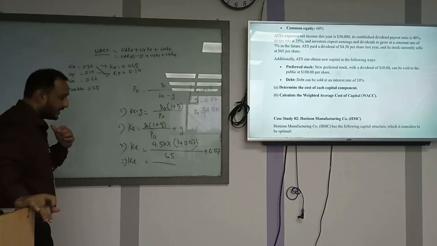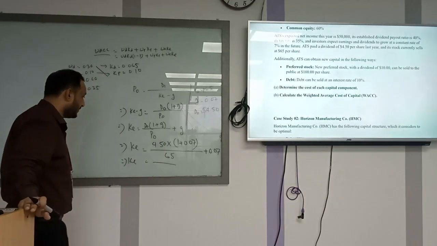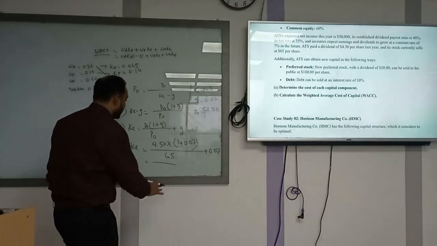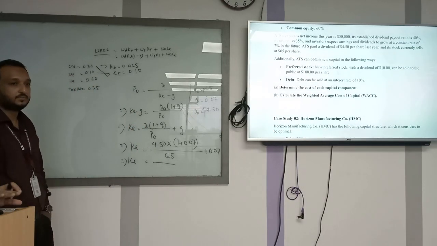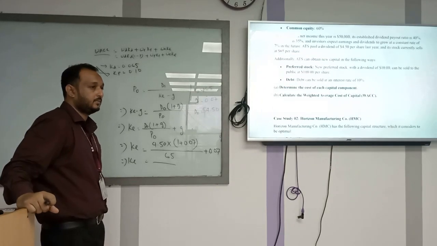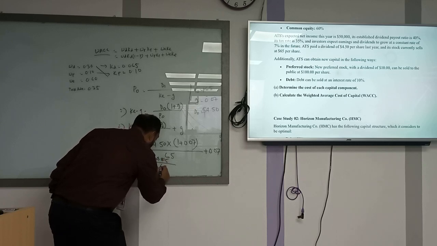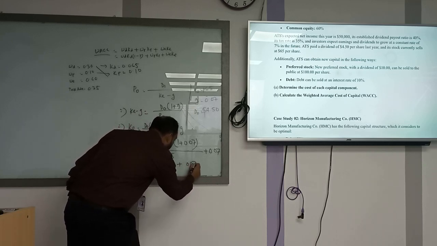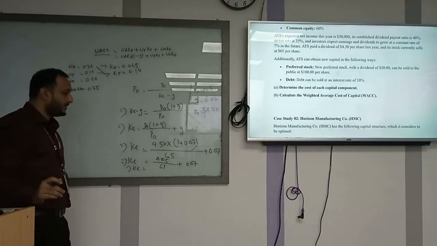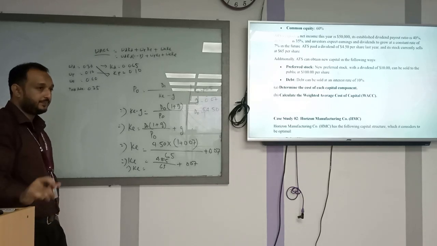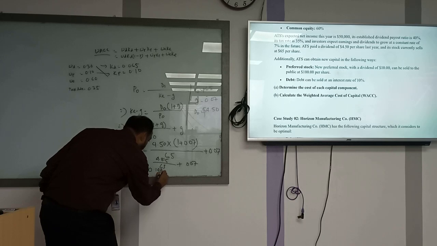So 4.5 into 1.07, that is 4.815. Then 4.815 divided by 65, plus 0.07. So KE is 4.815 divided by 65.